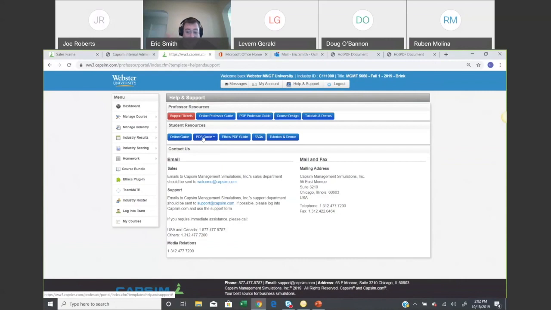If I can get students to read that, I'm happy. But if I have a student that is a real go-getter, they want to learn everything about this tool, those are the ones I'll steer towards the online guide. It's more like a full-blown textbook about the simulation.